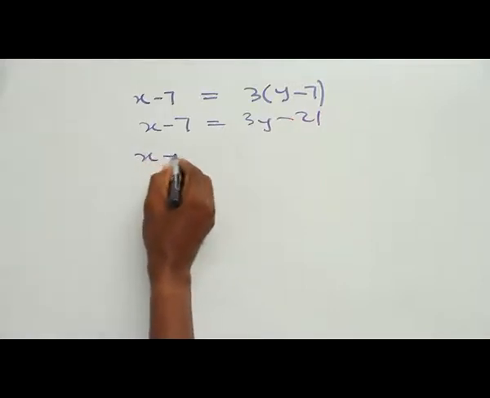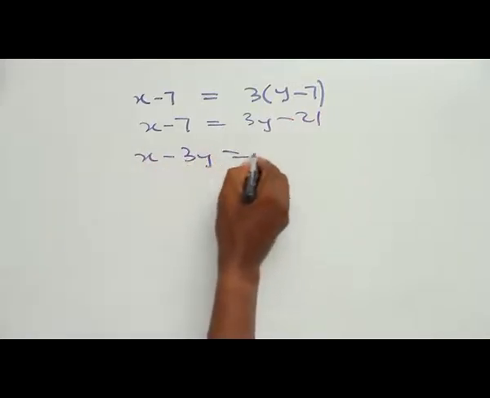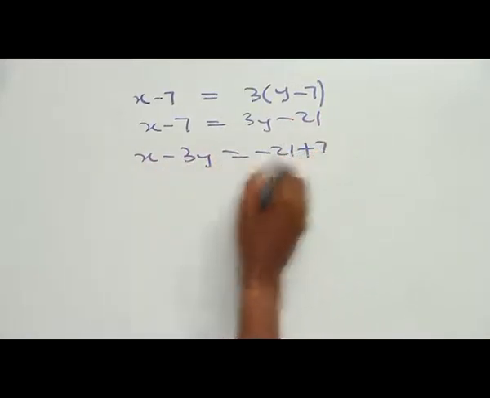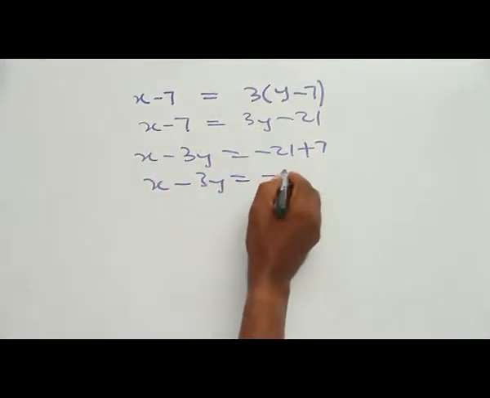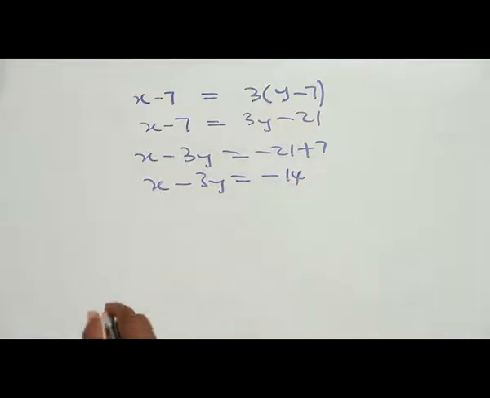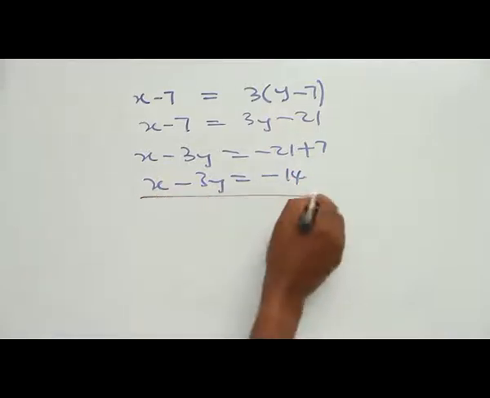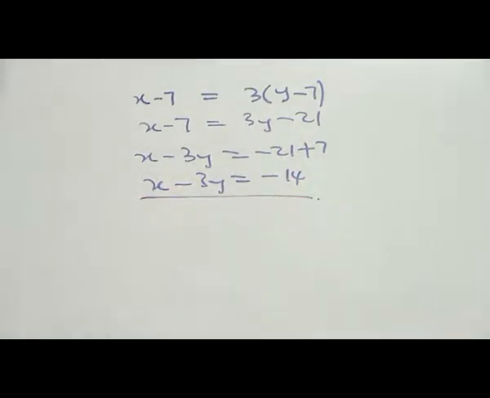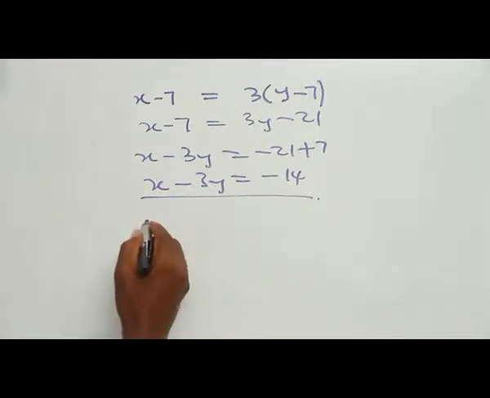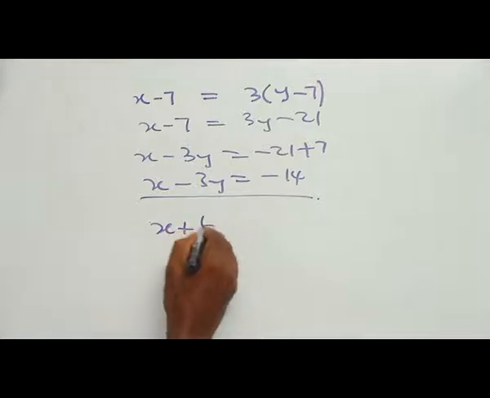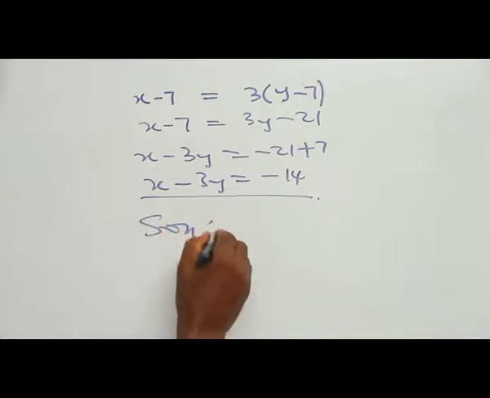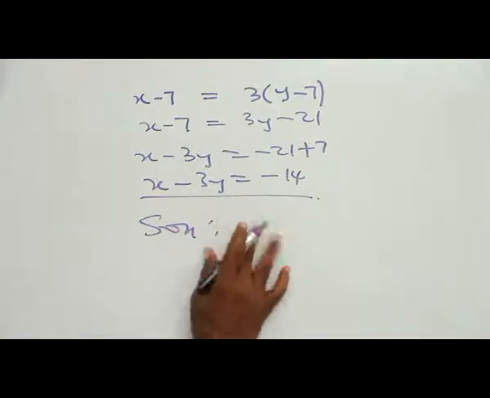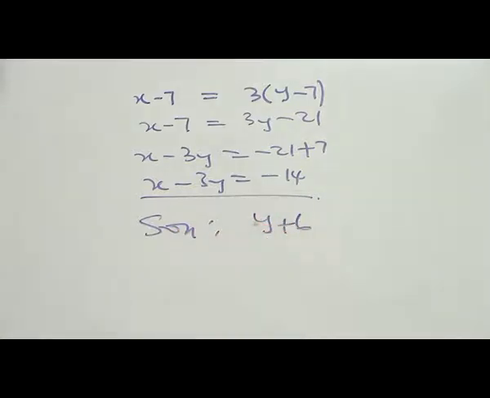And we can bring this as s minus 3y is equal to minus 21 plus 7, giving you s minus 3y is equal to minus 14. On the other hand, we are told that in 6 years' time, the father's age is s plus 6. Or rather, the son's age, let's look at the son. The son was y plus 6 years.